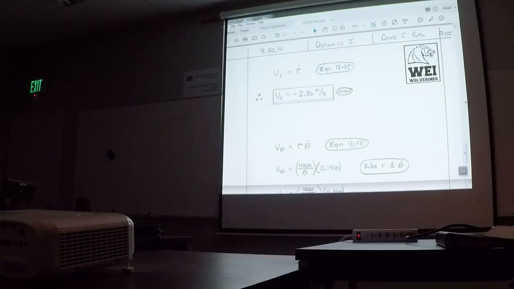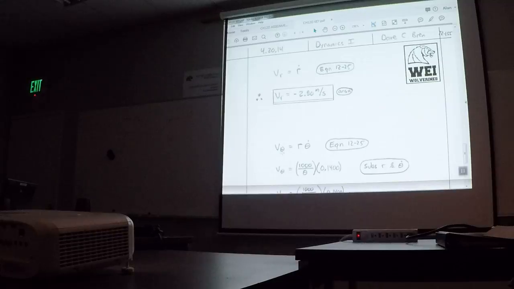Cylindrical components have a radial distance, and then an angular change, or angle, right? So radial distance, angle change, and z up. We're still looking at a 2D problem, so we're not bothering with z.